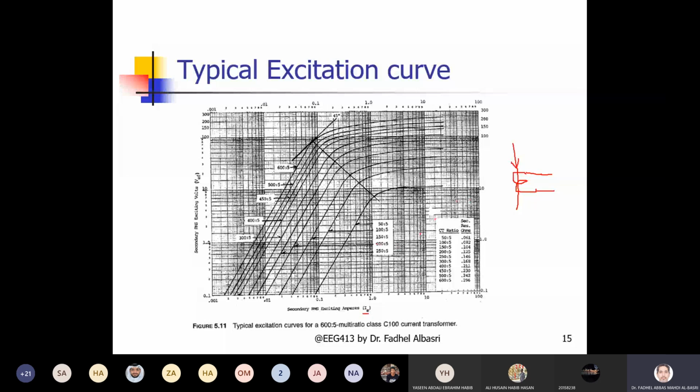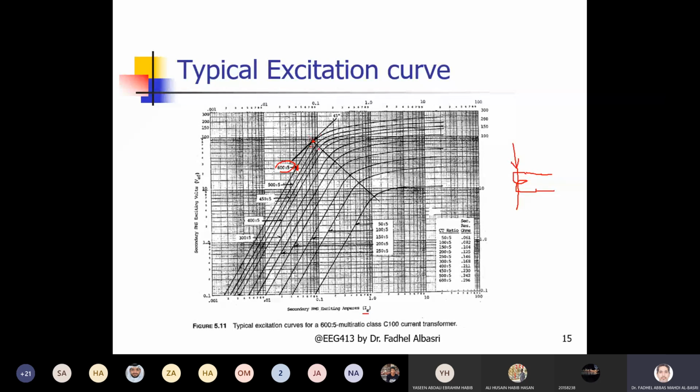All right. So now this is a multi-ratio CT. It shows us the characteristic. If you choose the 600 to 5 ratio curve, this is the curve. It's linear up to this point, and this is called the knee point. The knee point is the point at which the curve changes from linear to non-linear.